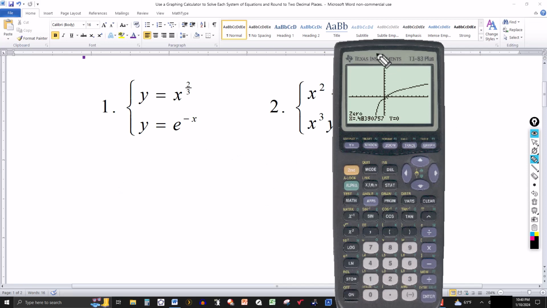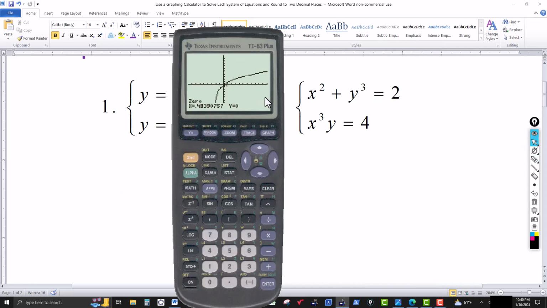Okay, let's clear this. So for this one then, we're going to use the intersect method, so we'll write the two equations here. So y1 will be the first one there. I'll have to solve this for y though. So the first one, solve for y, where you go y cubed equal to, and then you take this over to the other side, so this will be 2 minus x squared.